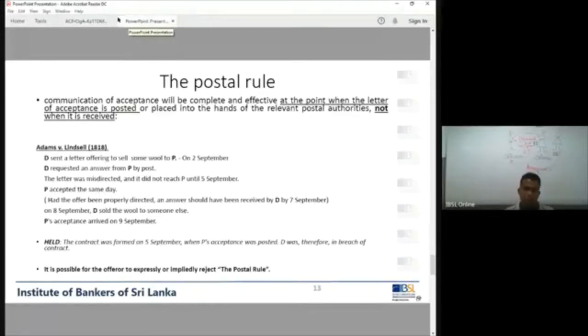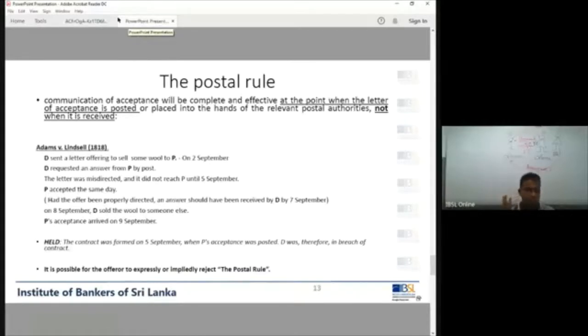So in other words, if I am the offeree, after I put the letter into the envelope, seal it, paste the stamp, and put it into the letter box, at that point, as per the postal rule, the communication is considered completed. Not the day that it is received by the offeror. Clear?